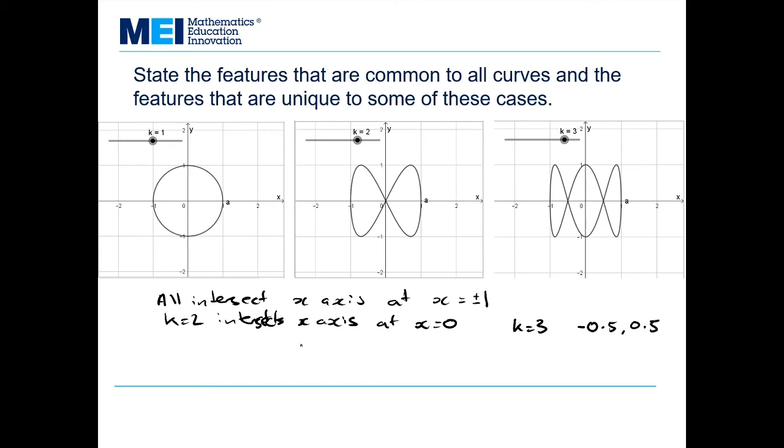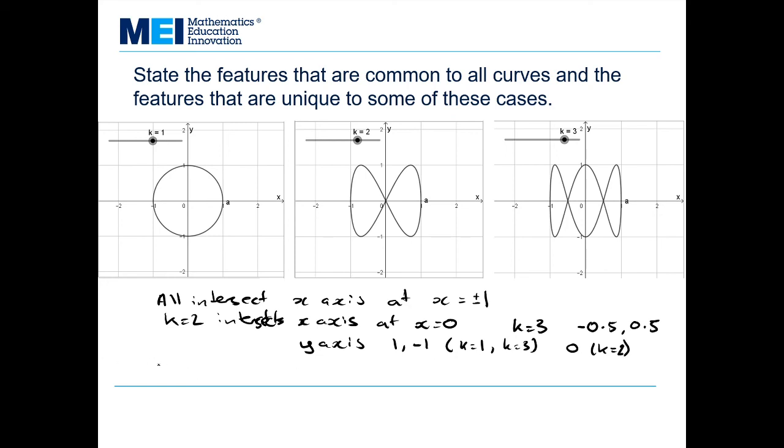For the y-axis, I've got intersections at 1 and minus 1 for k equals 1 and k equals 3. And I've got an intersection at y equals 0 when k equals 2.